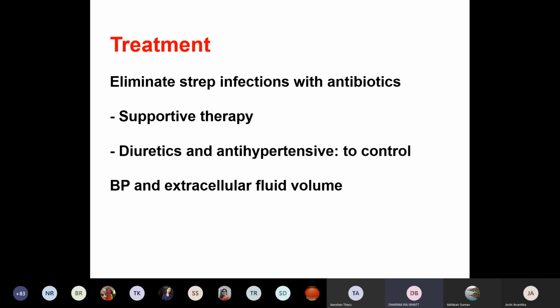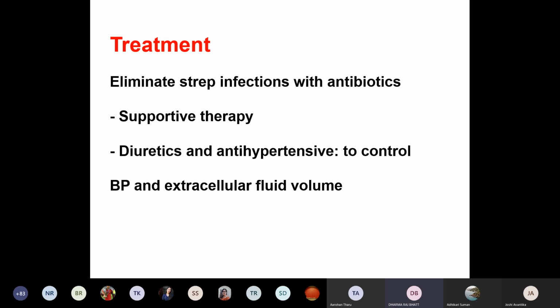For prevention, colonization by group A streptococci should be minimized, prevented by avoiding close contact with the suspected patient, screening of the carriers, especially as transmission is more likely to occur among babies and children in a school or daycare center, where they are in close contact with each other.